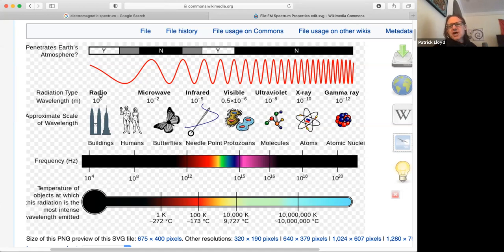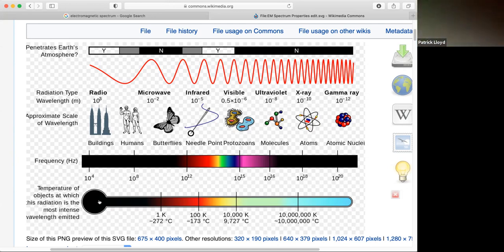If the frequency is high, the wavelength's got to be short. If the frequency is low, the wavelength's got to be long. So the long wavelength radio waves have very low frequencies. So the terminology we use for frequency is low, high. So low frequency, high frequency. So there you go.